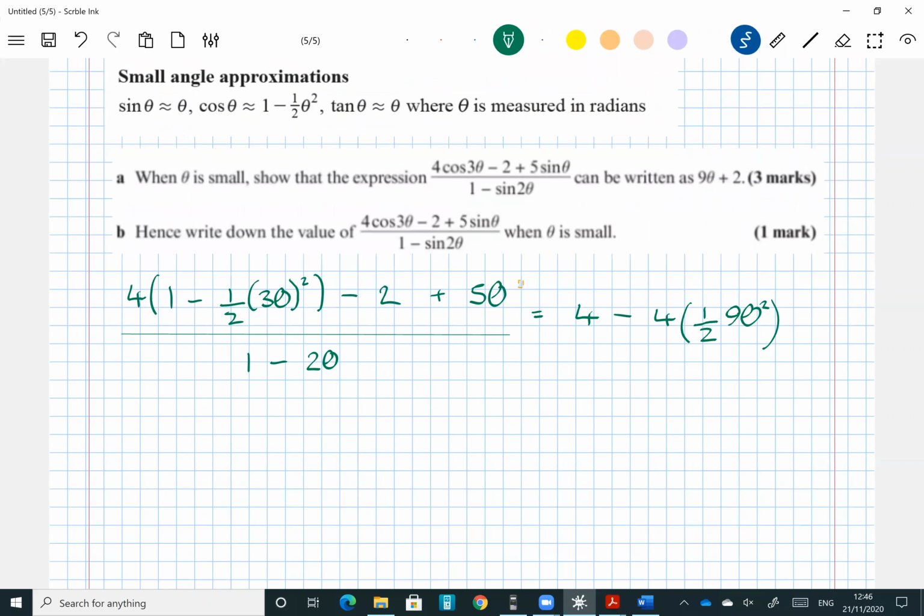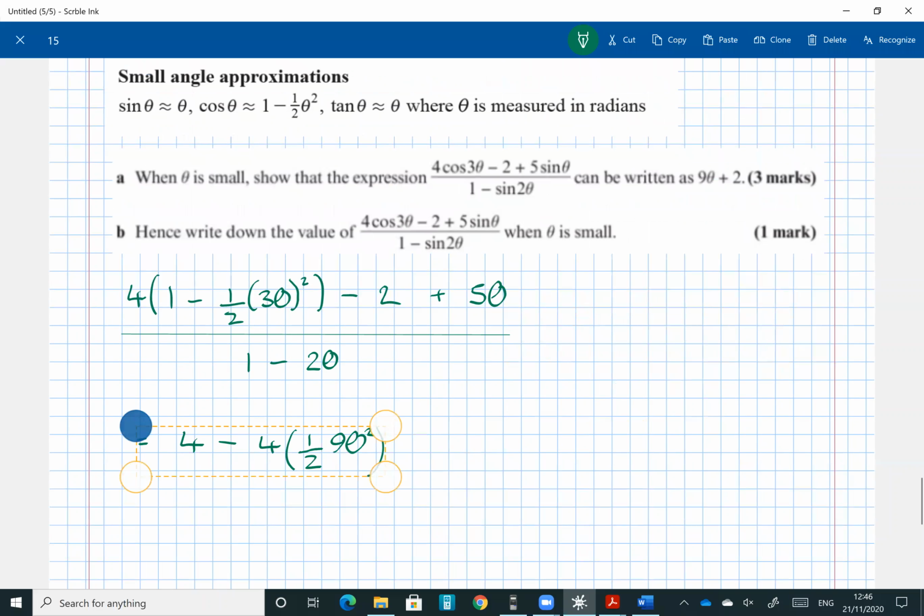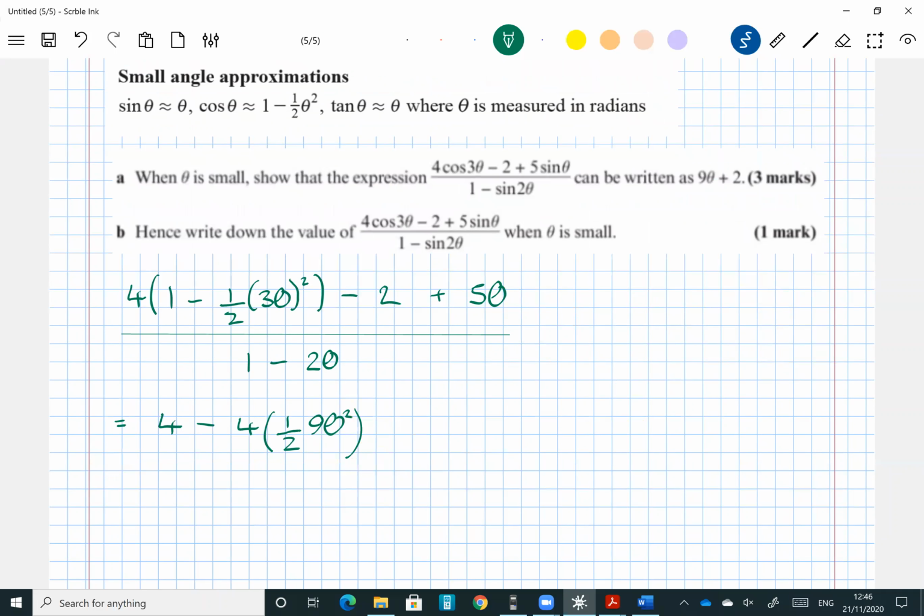So running out of room, so I'll put it on the next line. So 4 minus 4 lots of a half of 9 theta squared, take 2, plus 5 theta, all divided by 1 minus 2 theta. And keep on multiplying that out and simplifying.